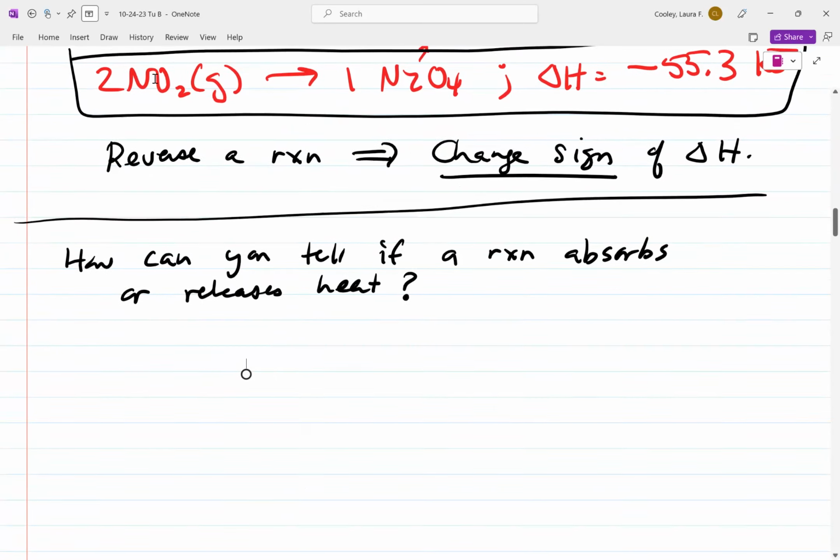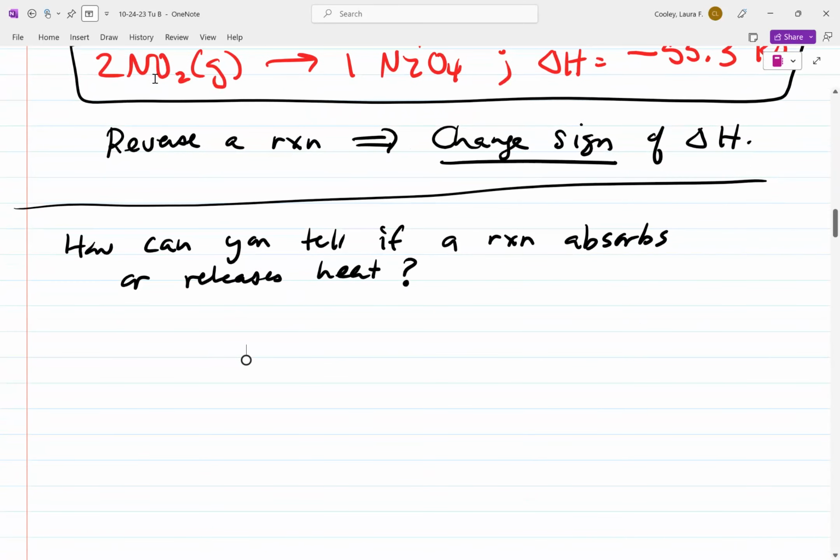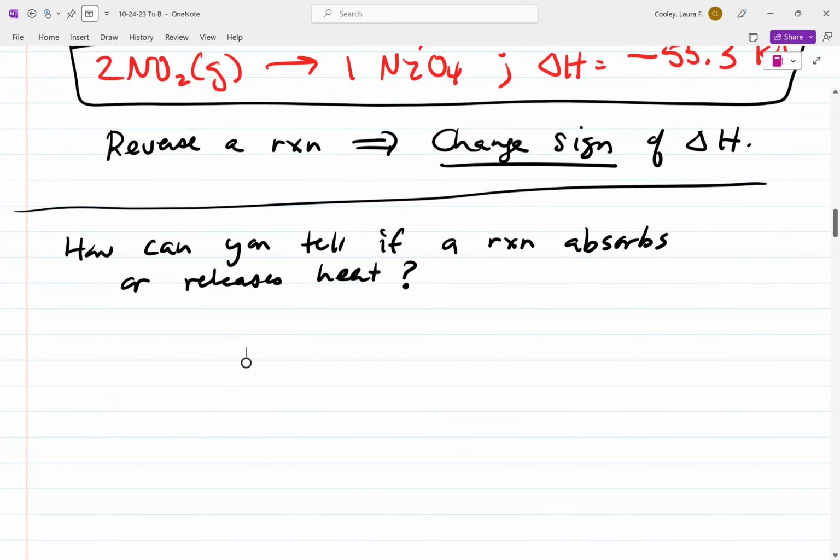I suppose if you see a flame and burning, but most of the time we don't, especially in the lab, we don't like to generate too many flames. It's kind of frowned upon by the powers that be at the college and stuff like that. So suppose you have a reaction in a test tube, which is much more likely.